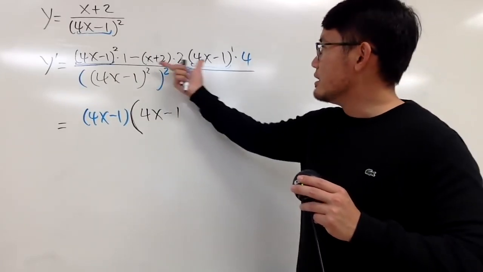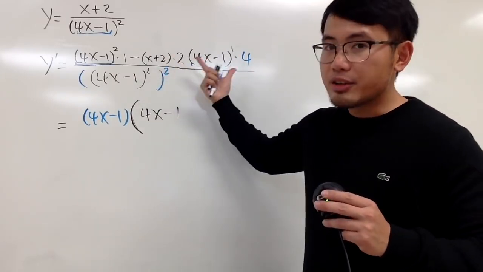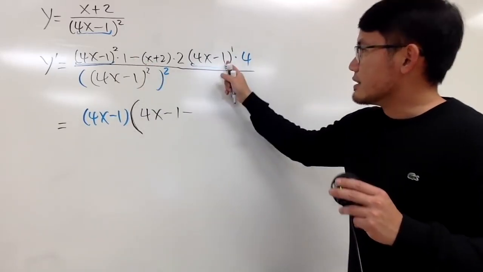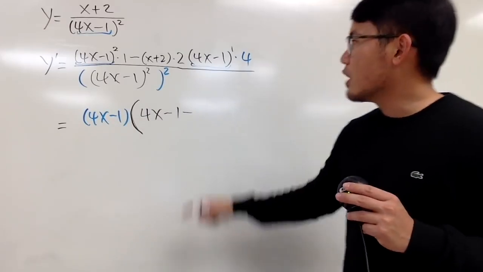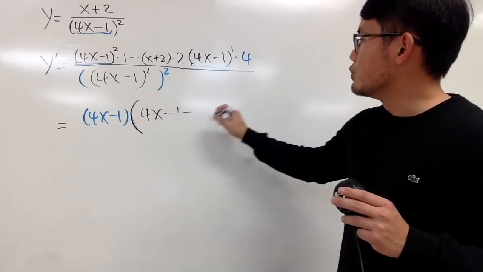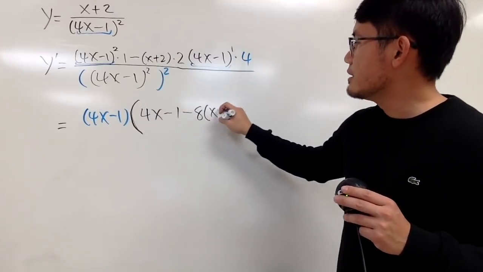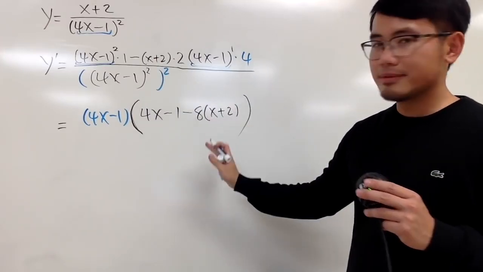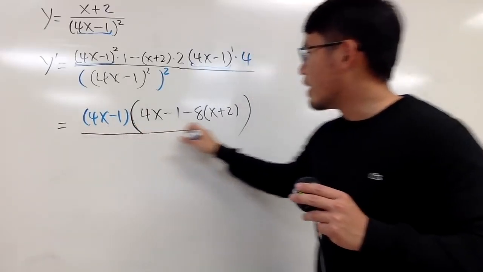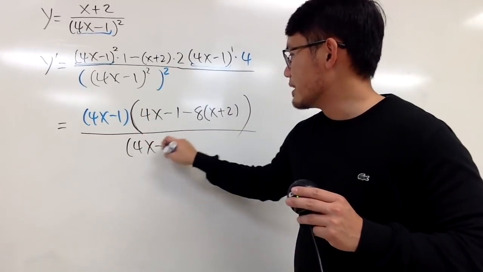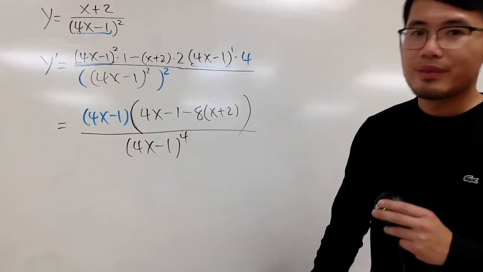And then this is multiplying, so this is another term. We are going to put on a minus first. This is out already. So we do 2 times 4, which is 8. And we still have this factor. I'll put this down as parentheses x plus 2, like that. Right? And then this is all over this to the fourth power. So 4x minus 1 to the fourth power.